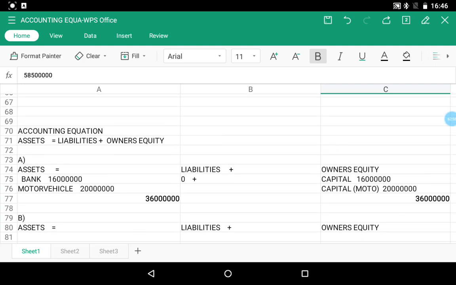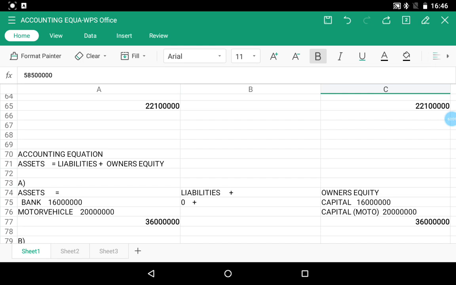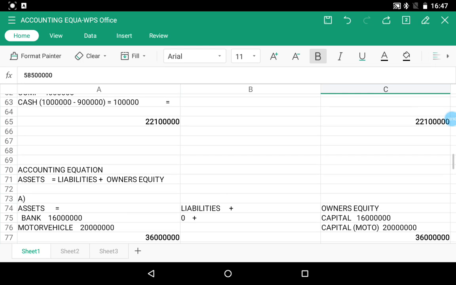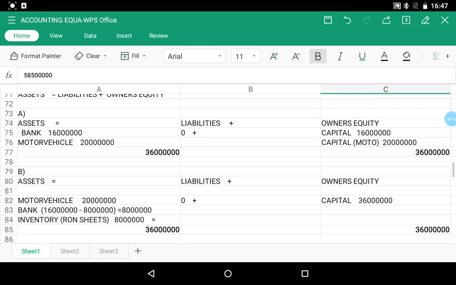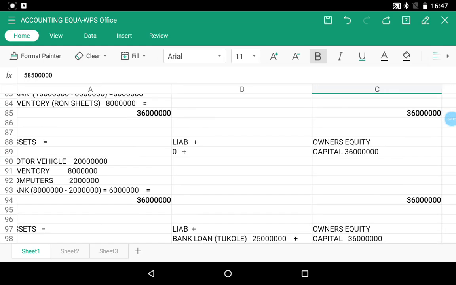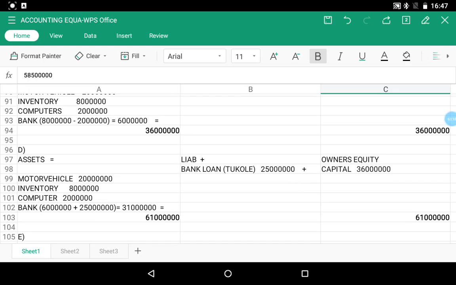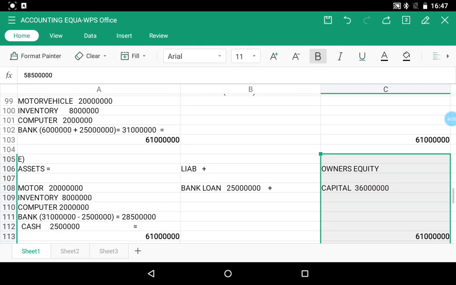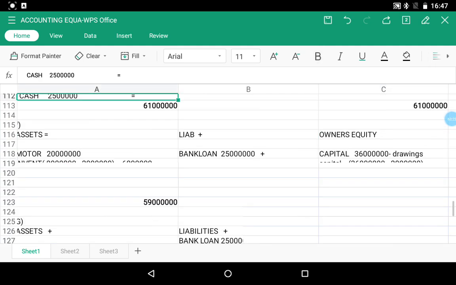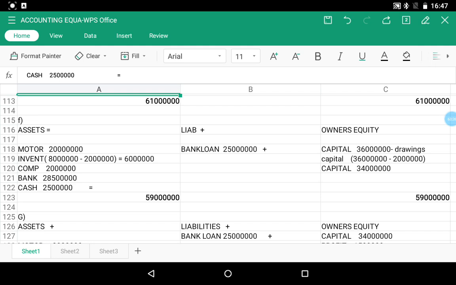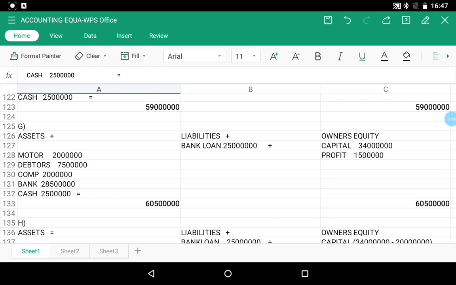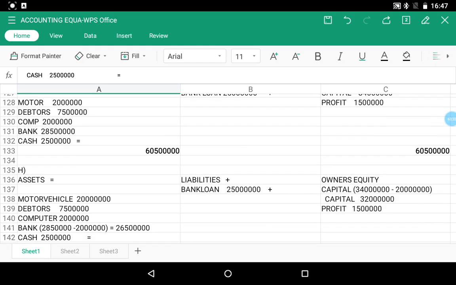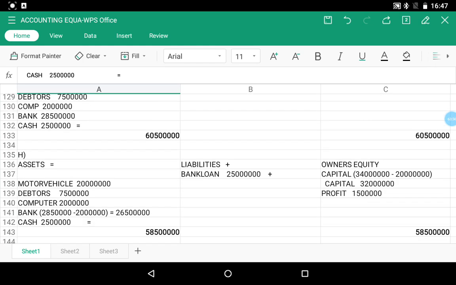So any transaction that you get, you see how to handle it, as long as you know which account it affects, whether assets, liabilities or owner's equity. From part A, part B, part C, part D, and F, G, final H. So that's for today.